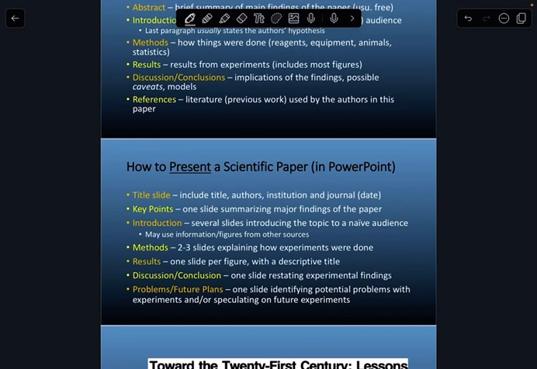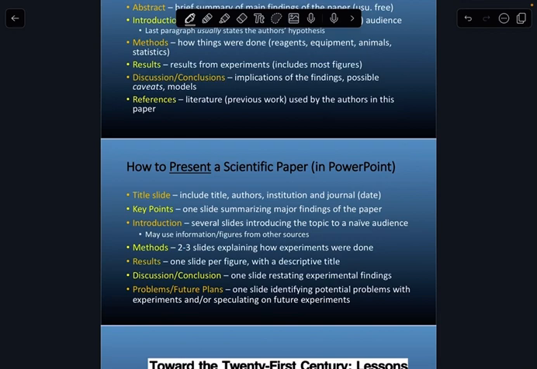So that would be, in my opinion, how to present a scientific paper. Like I said, other professors might have some quirks, but I think most of them would agree pretty generally this is the right format.